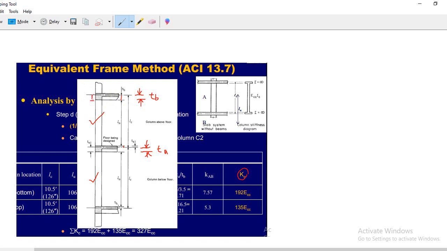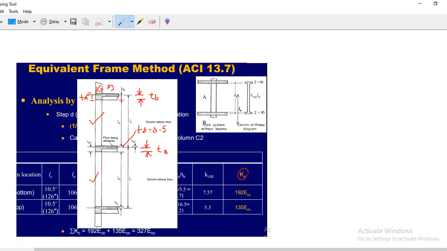Clear? This value is now Ta, and the small value is now Tb, that is 3.5 inch, and the other one will be 16.5.